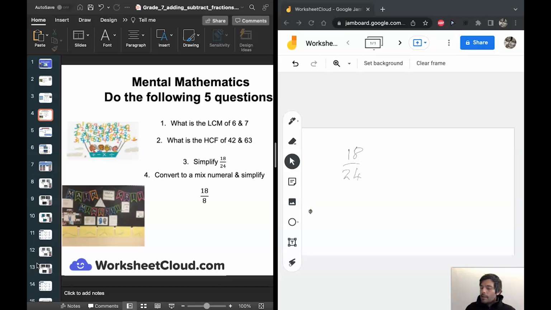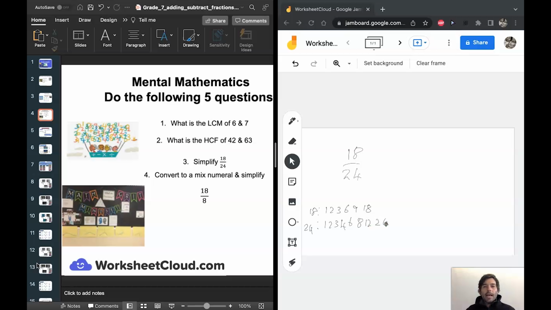So if I go to 18, my factors are 1, 2, 3, 6, 9, and 18. And if I go to 24, my factors are 1, 2, 3, 6. I've left out 4, so 4 actually comes before 6. 4, 6, 8, 12, 24.